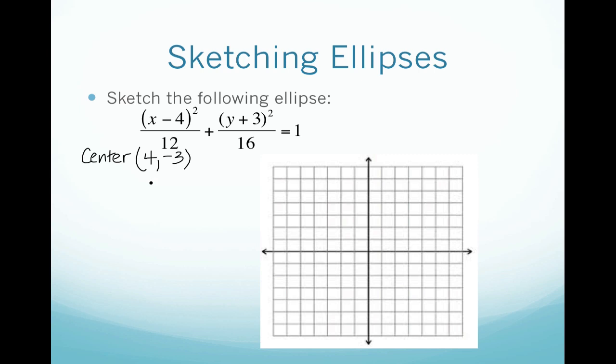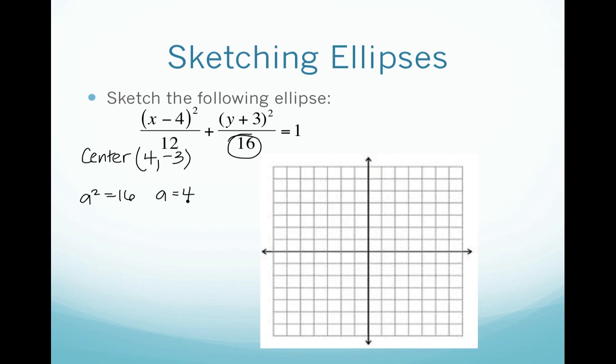Okay, so now that we have the center, we're going to figure out what our major axis and our minor axis is. So this is a vertical ellipse because our larger number is underneath the y. So our major axis is going to be a vertical line. And that means that we know that a squared equals 16. So that means that a equals 4.